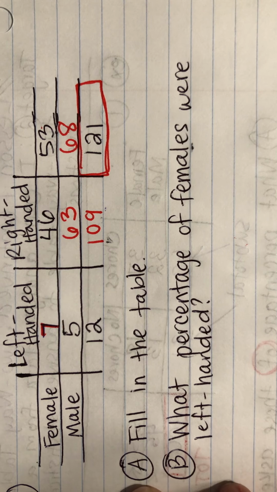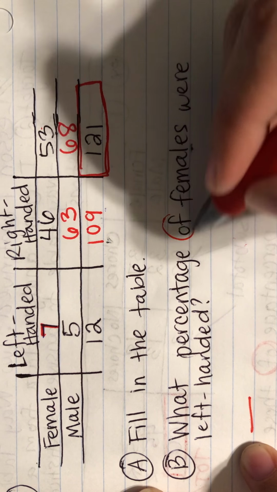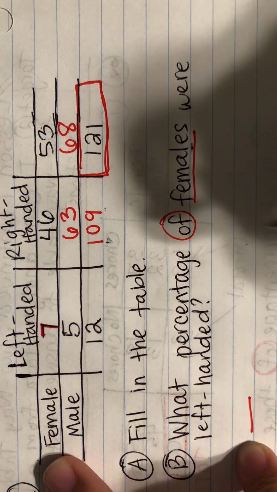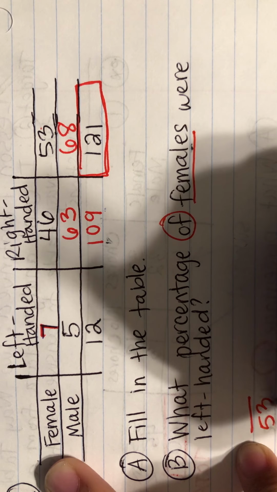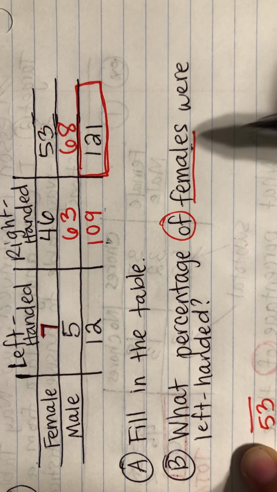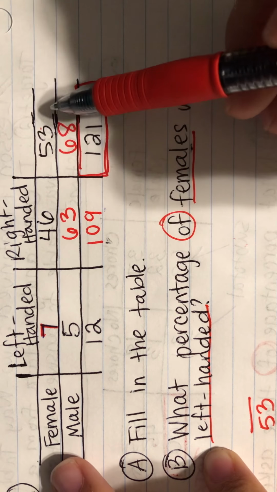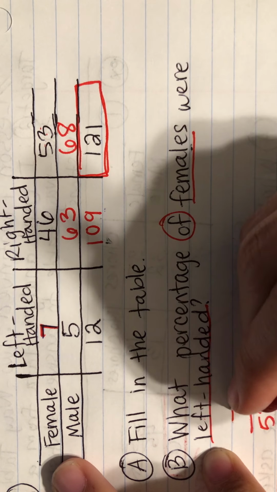Okay, so using what we did before, here's my of. I'm looking at females. So my total amount of females here is 53. And from those females, we're looking at those that were left-handed. So in our females, left-handed females, there were 7 of them, so that's going to go on top.